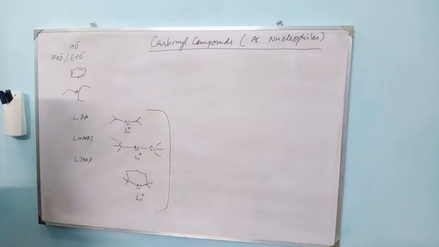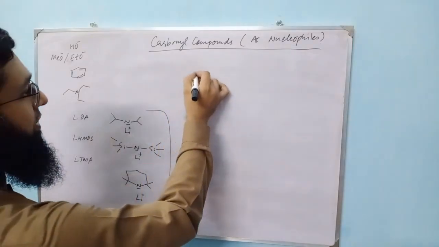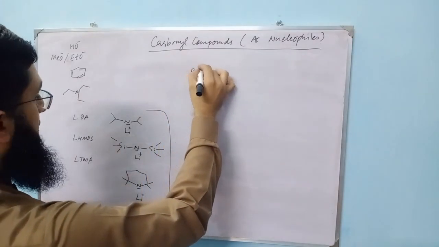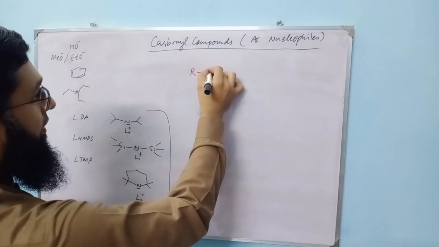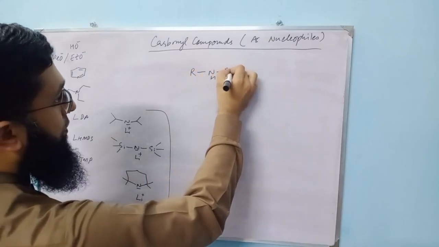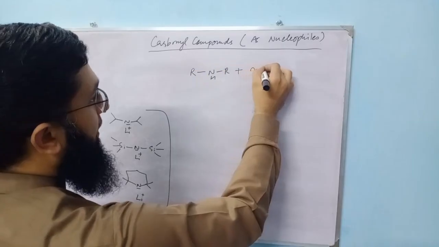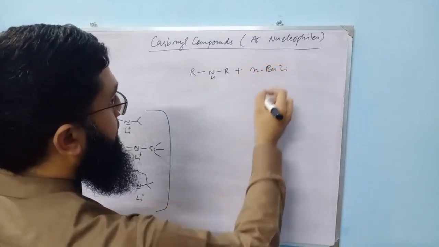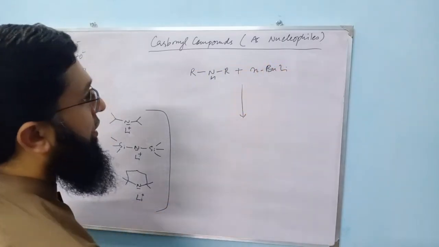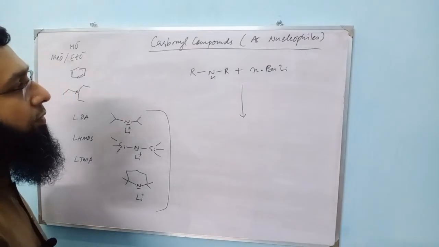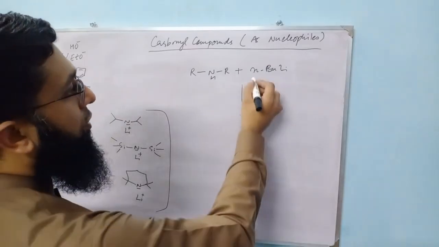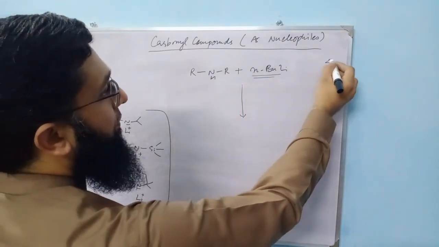Now we should know how these types of bases are formed. In general, they are allowed to react with N-butyl lithium. We know that the pK value of corresponding alkanes are around 50.